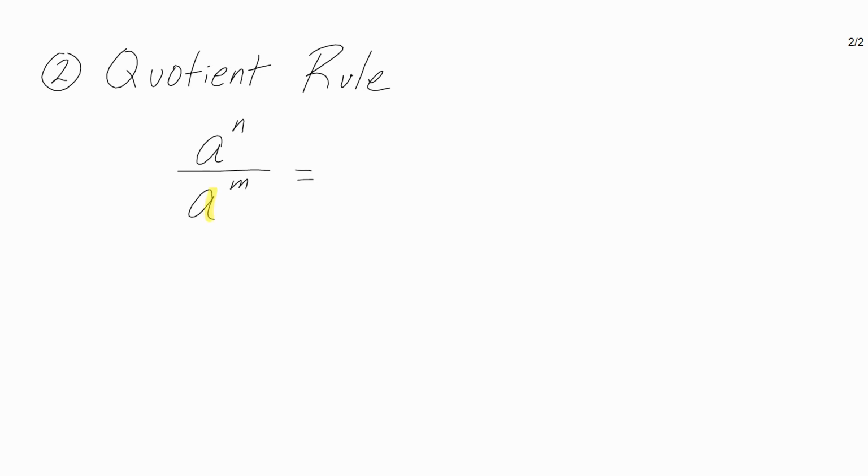Well, what did you do when you multiplied them? You added them. So what do you think you're going to do if you divide them? Subtract them. So here's some examples. a to the 4th over a to the 2nd is a to the 4 minus 2, which is what? a to the 2nd.